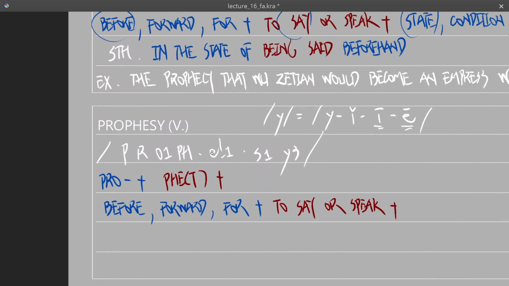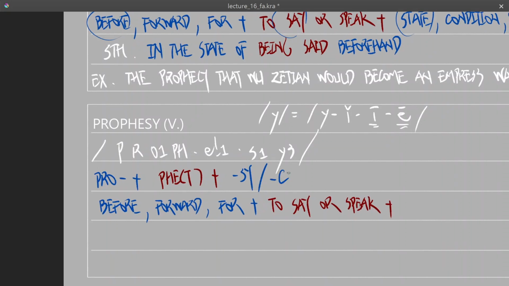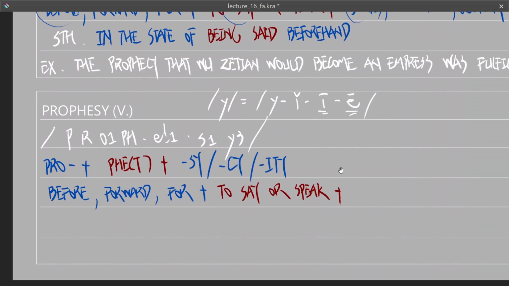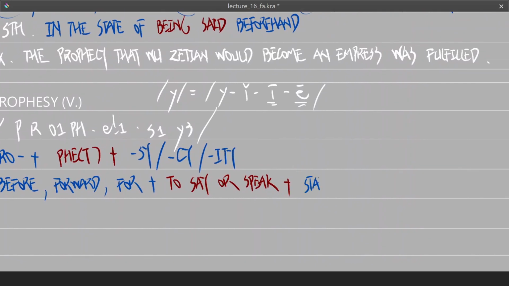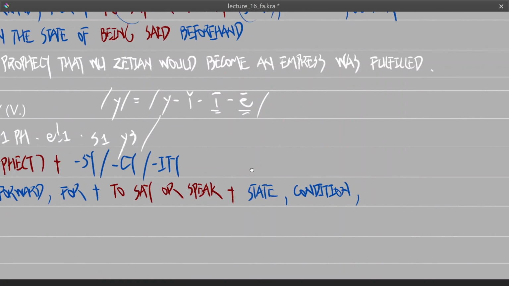And we have the suffix, a variant of the ize, meaning state, condition, or quality.